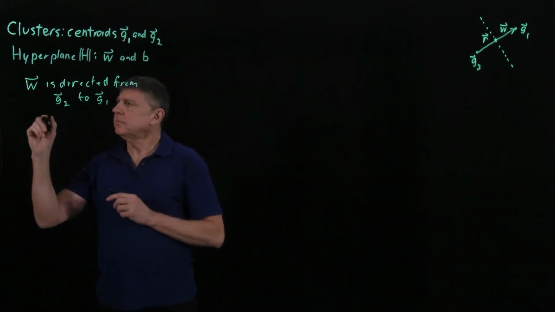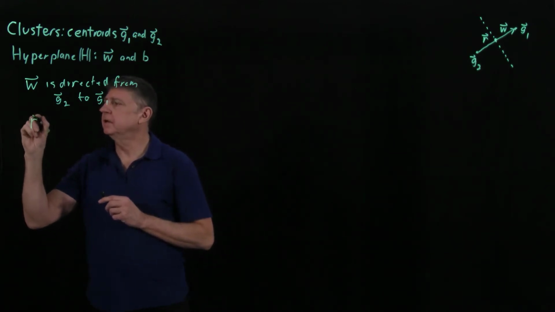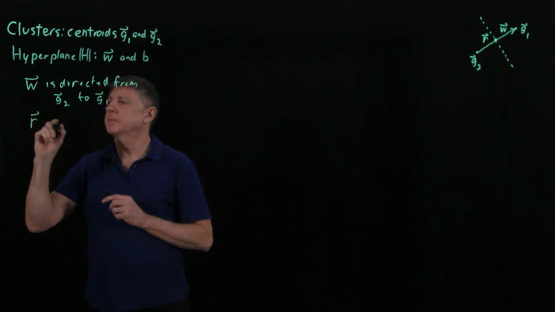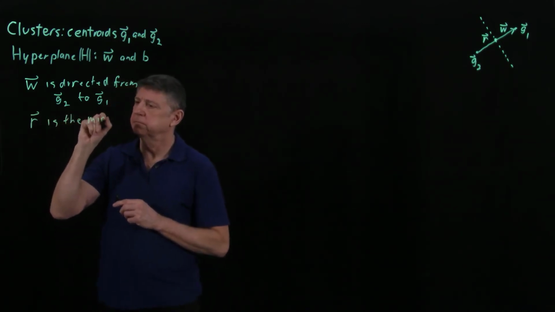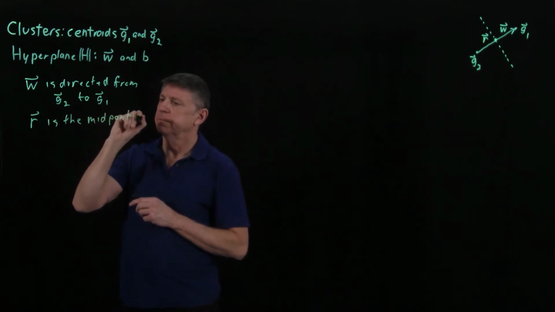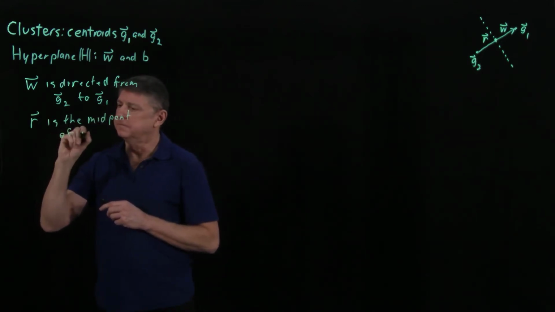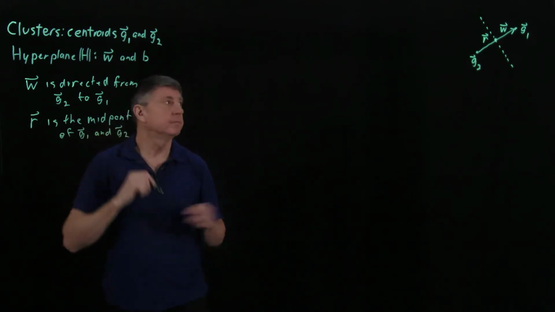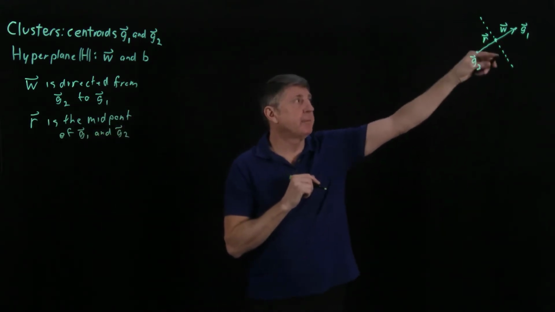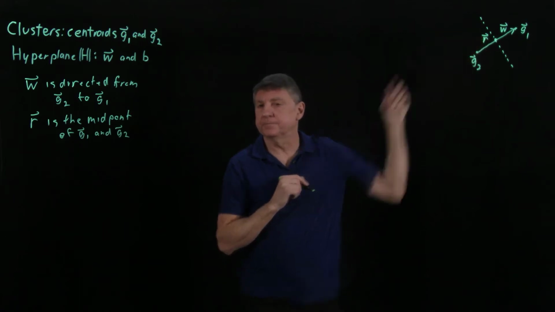Now, we can also find r, it is the midpoint of G1 and G2. That is, this separating hyperplane is going to be in the middle.